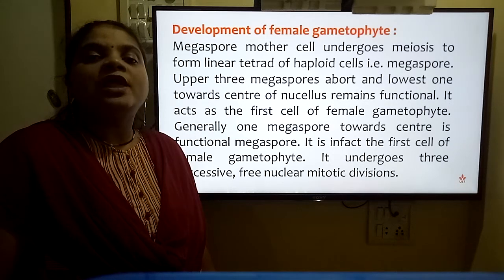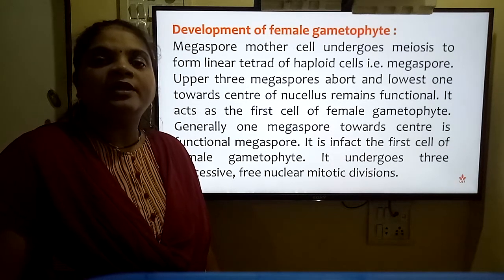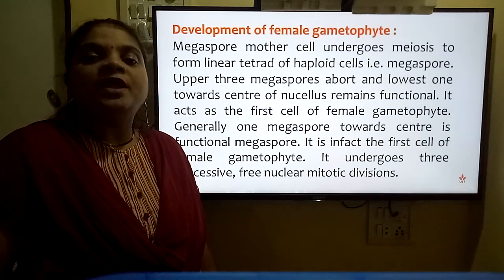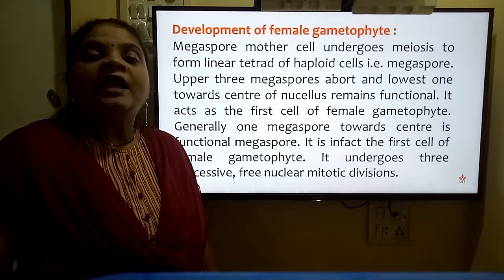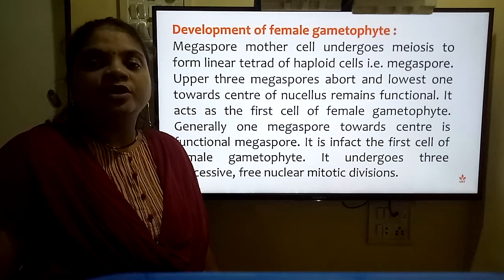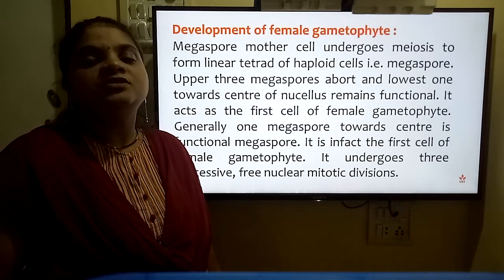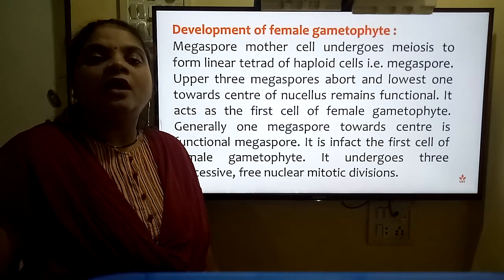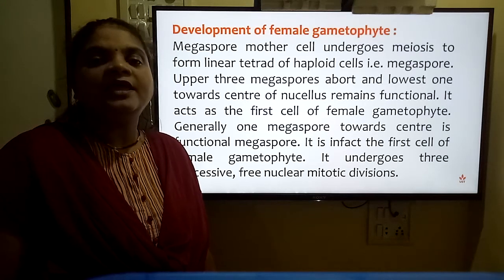Of the 3 nuclei at the micropylar end, there is an egg apparatus at the center and 2 supportive haploid synergids on either side of the egg apparatus.